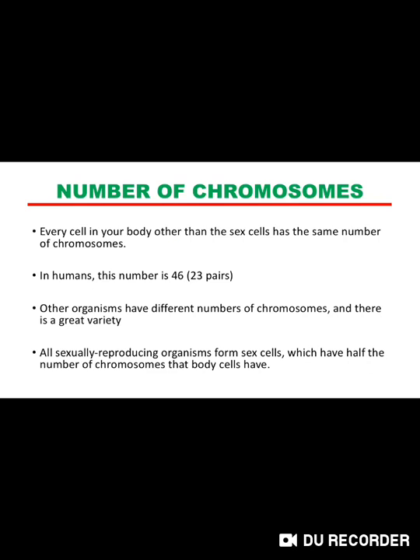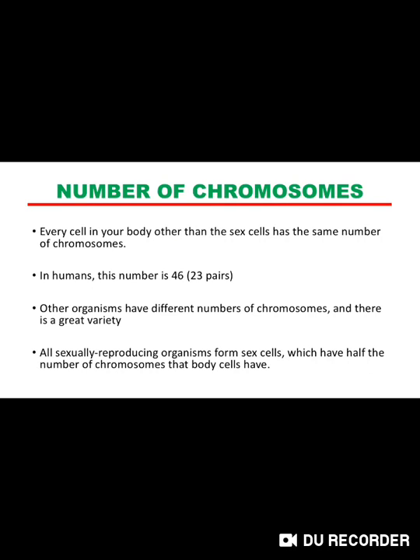Number of chromosomes. Every cell in your body, other than the sex cells, has the same number of chromosomes. In our case, humans, this number is 46, or 23 pairs. Other organisms have a different number of chromosomes, as we are going to see in the next slide, and there is a great variety of them.